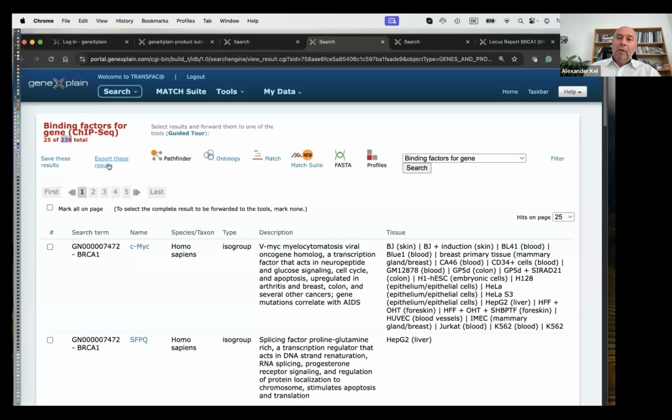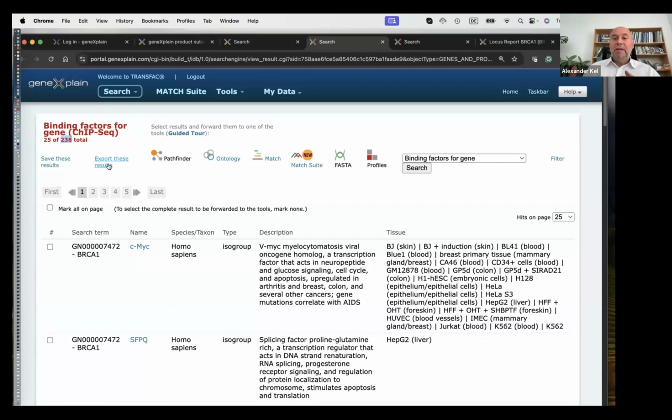But actually, we know that this information is far from complete. So we, of course, make very extensive efforts in TRANSFAC annotation to collect as much available information as possible from literature, where people were doing experiments and confirming that this factor is binding to that site and then it's regulating these genes.